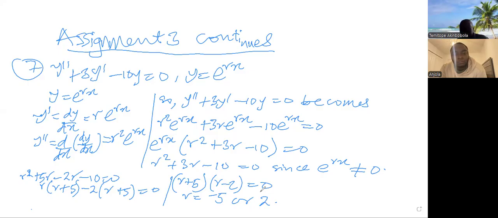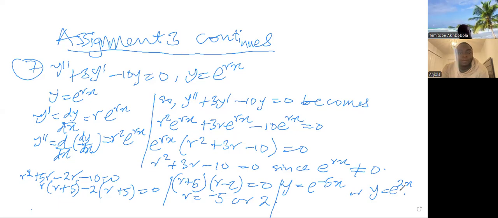So you have determined r that satisfies that differential equation. So invariably, what it means is that the solution of that differential equation is y equals e raised to power minus 5x or e raised to power 2x. That's the solution of the differential equation. That's what it means. I've not copied this, I'll copy that very quickly.